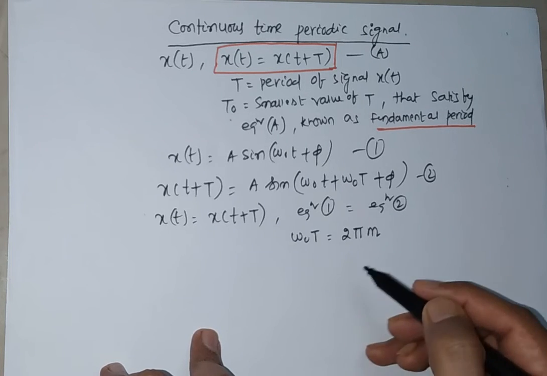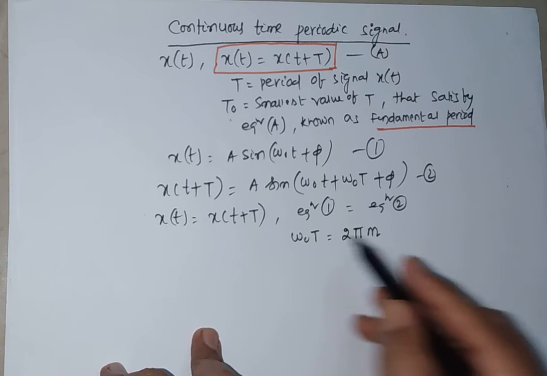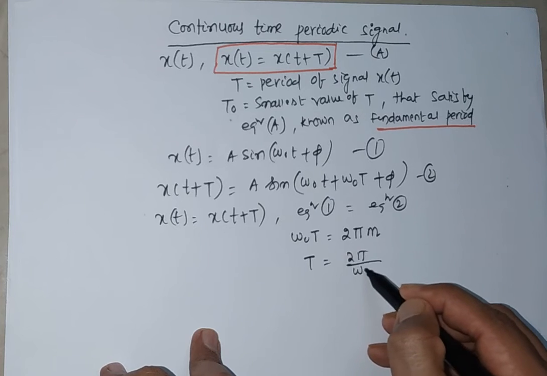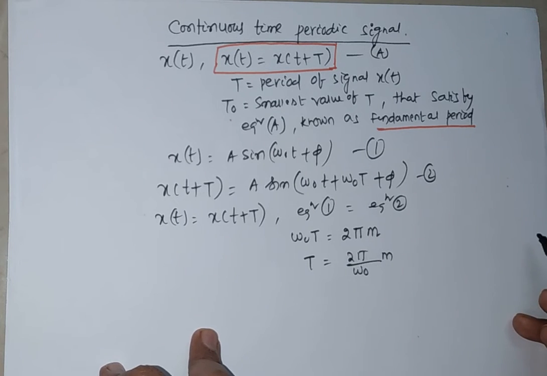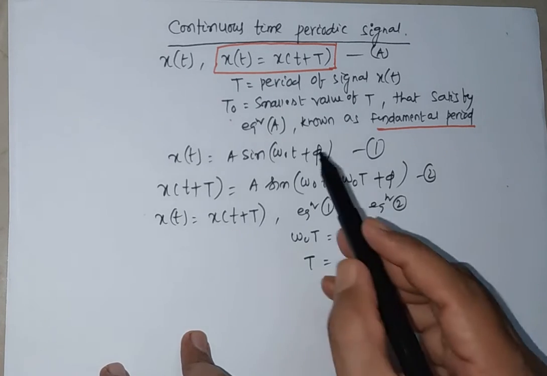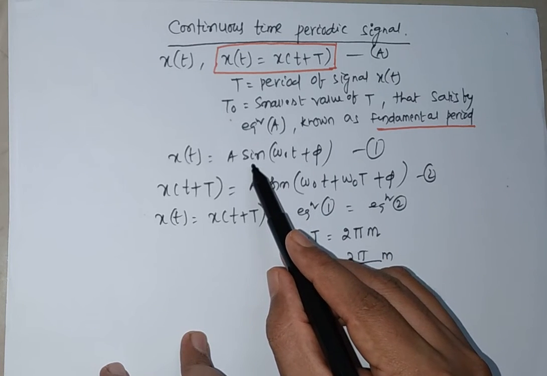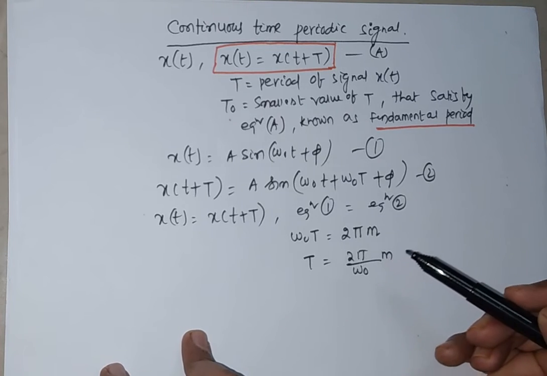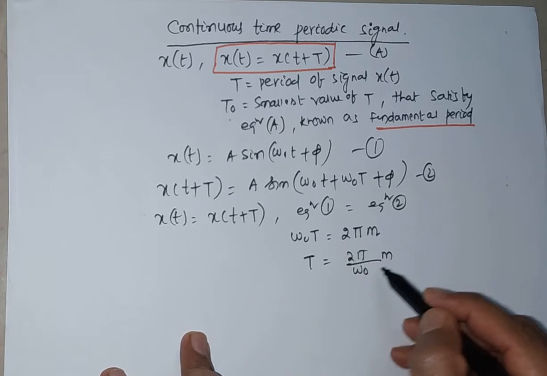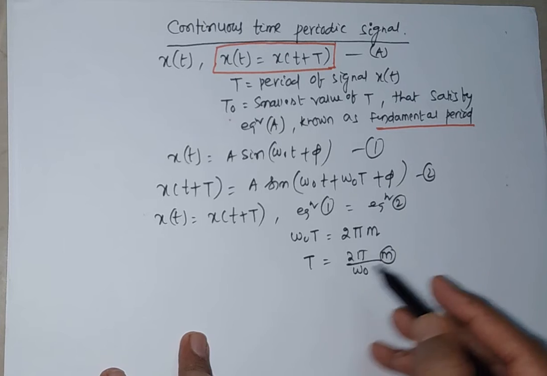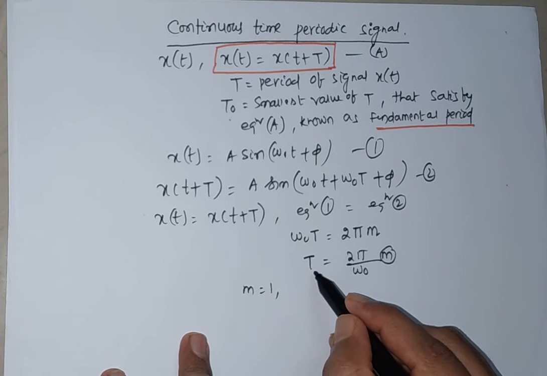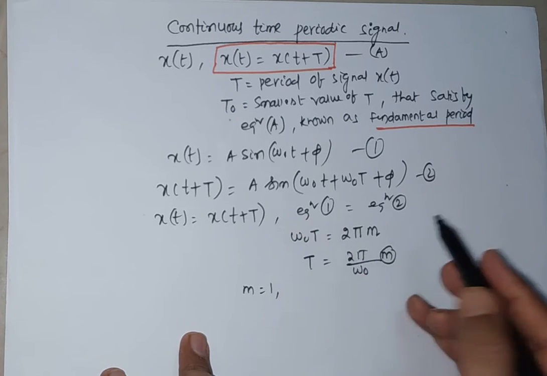Let m be an integer, or T equals 2 pi by omega 0 times m, because we all know that a sinusoidal signal is periodic with period 2 pi m. Clear? Now what is the smallest value? Smallest value means m equals 1. When m equals 1, T becomes the smallest one. The smallest period of a sinusoidal signal is 2 pi.